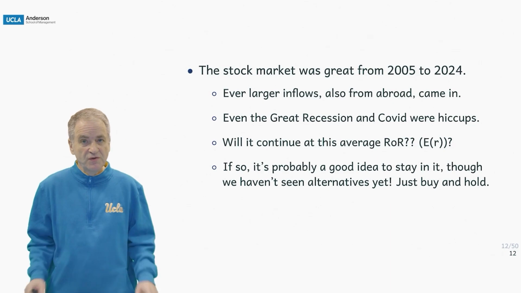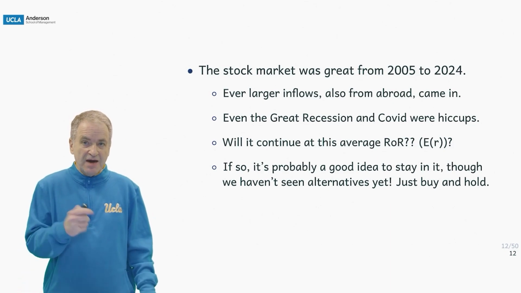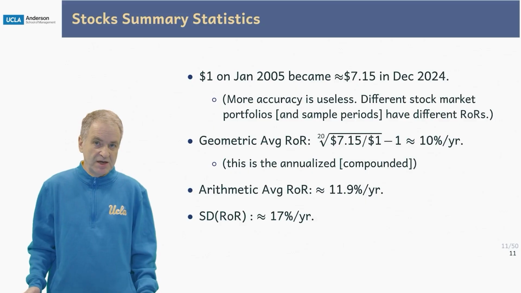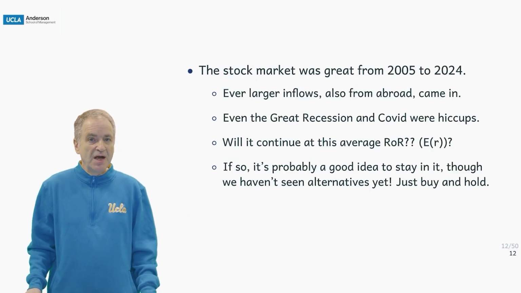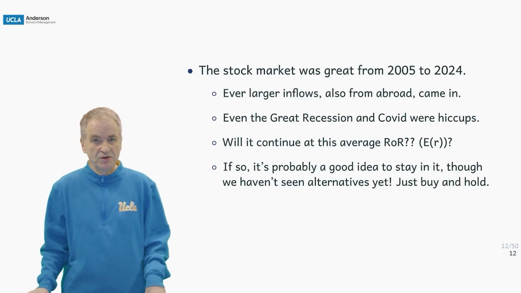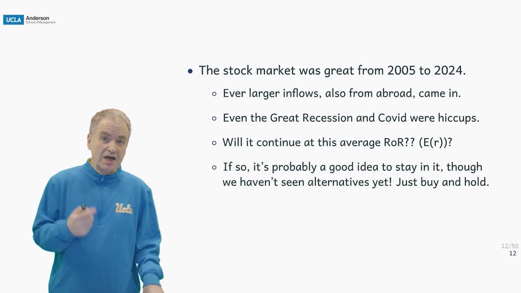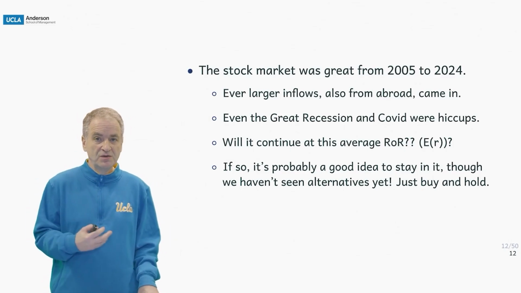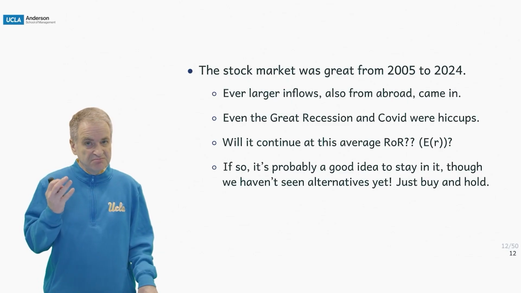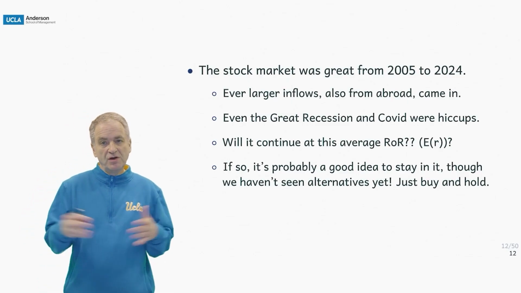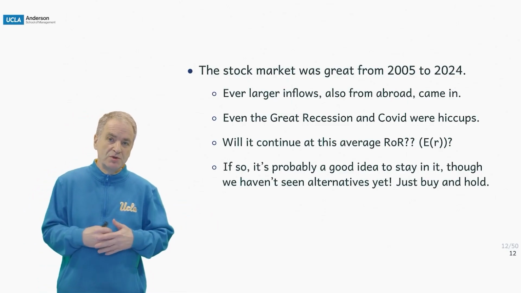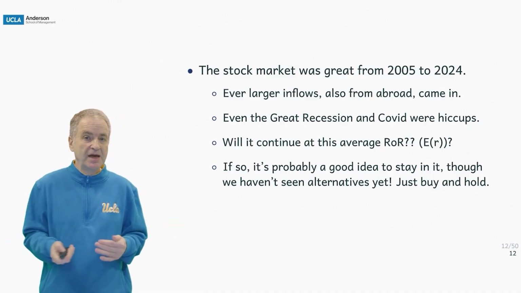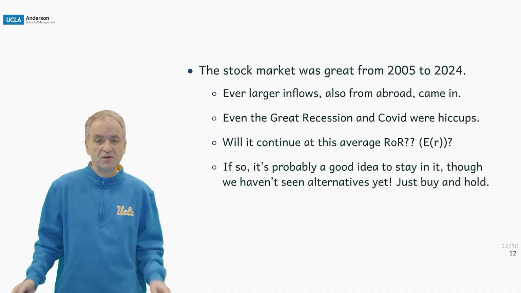The big question, of course, is, will this average rate of return that we've got here, which is about 12% arithmetic, 10% geometric, will that continue in the future? If it did, if I had real great confidence, it of course would be a great idea to continue sticking to stocks. You would just buy and hold it over the long term, 20, 30 years. You would do incredibly well. I would love to do it. Unfortunately, I cannot guarantee to you the 10 or the 12%.